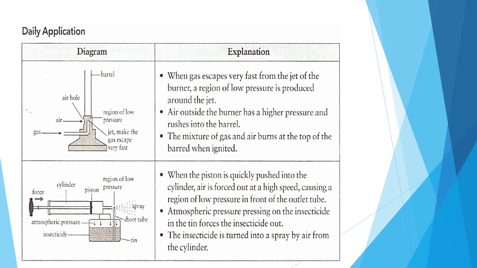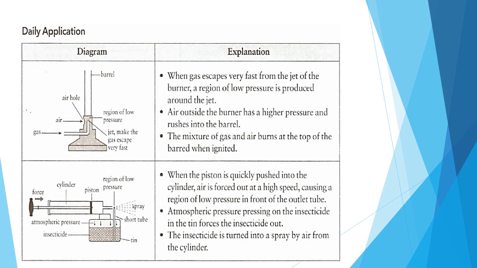Okay, how does it work? When the piston is quickly pushed into the cylinder, air is forced out at high speed, causing a region of low pressure in front of the outlet tube. So at the short outlet tube there is low pressure. So what happens?